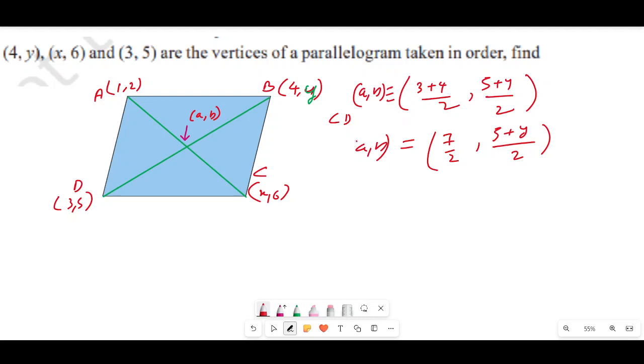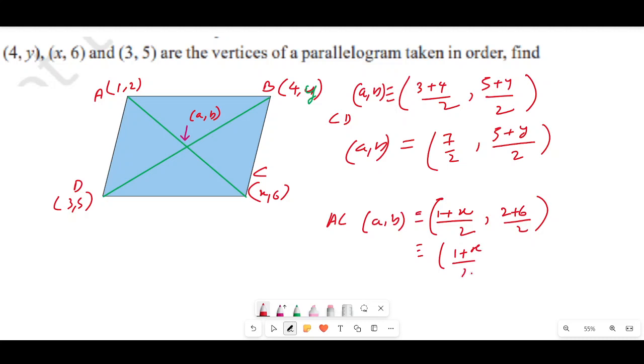In the same manner for AC, a comma b will be (1 plus x) by 2 and (2 plus 6) by 2, that is (1 plus x) by 2 and 8 by 2, that means 4, and both are the same point.